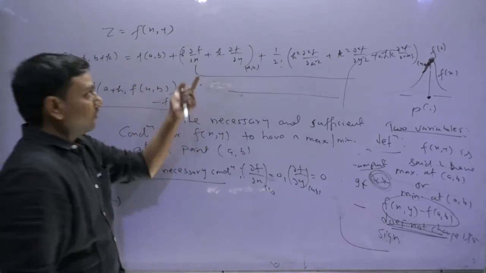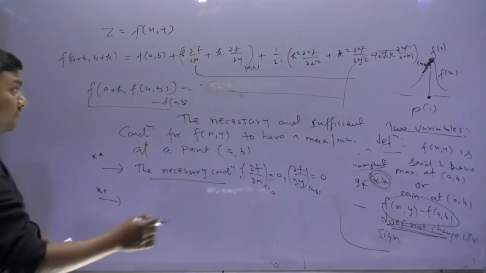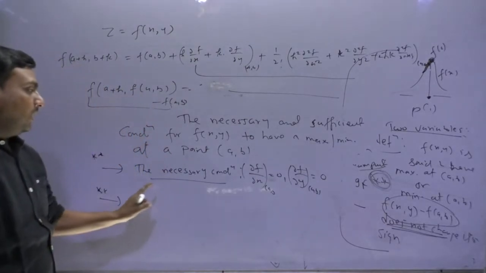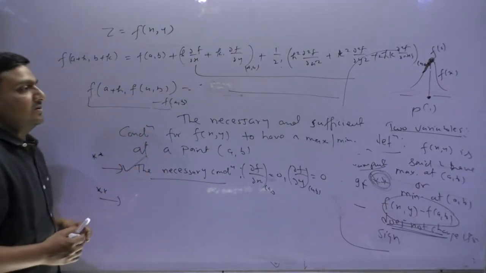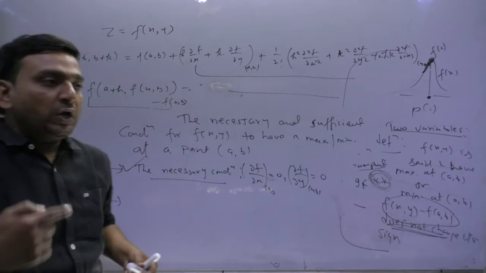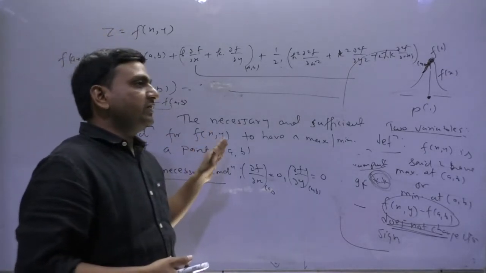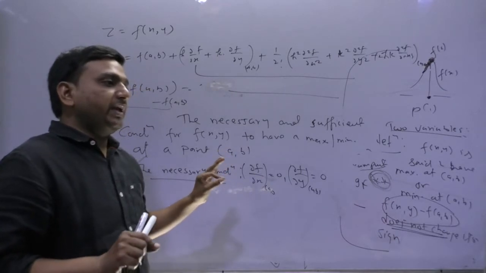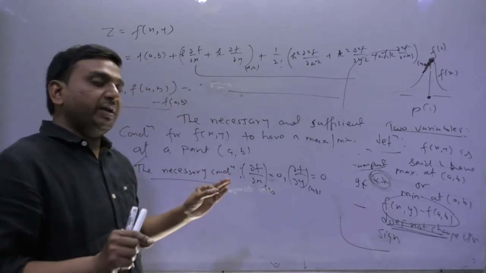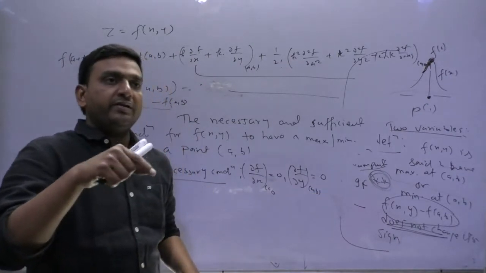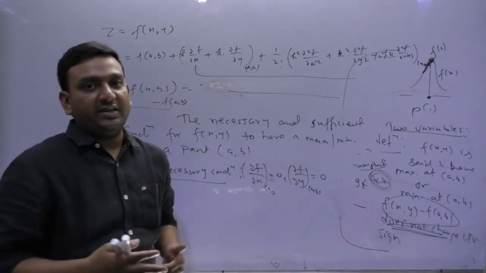From this expression only. Now this is the necessary condition, means if you want to calculate maxima or minima of some given function f of x y, then ∂f/∂x and ∂f/∂y must be 0 at the points where the maxima or minima lies.